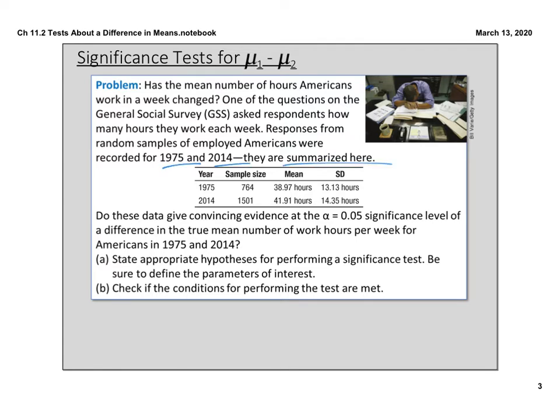So you got a row for 1975 and you got a row for 2014. Do these data give convincing evidence at the alpha 0.05 significance level of a difference in the true mean number of work hours per week for Americans in 1975 and 2014? State the appropriate hypotheses for a significance test. Be sure to define the parameters and then check the conditions.